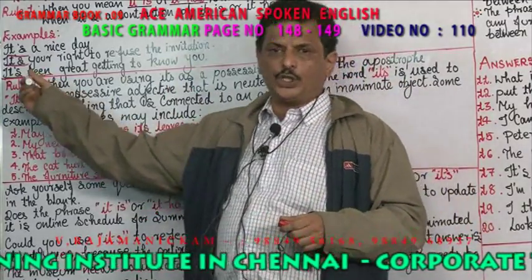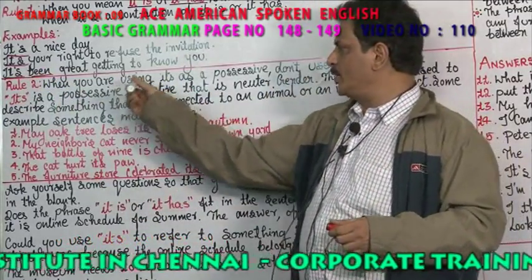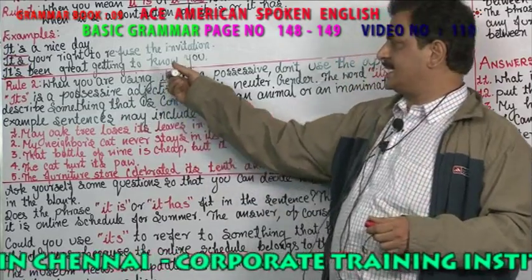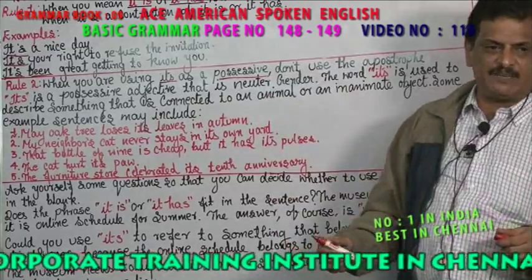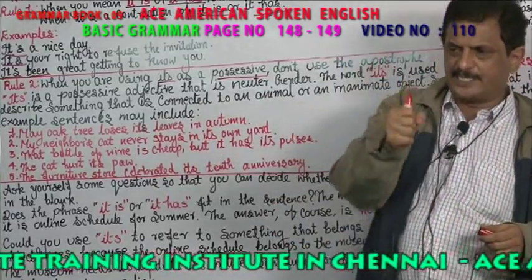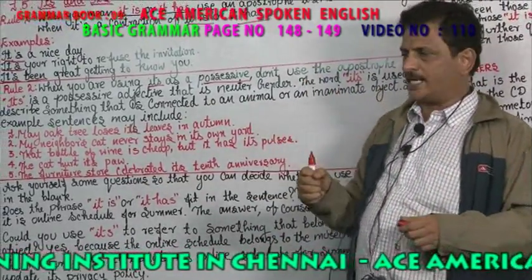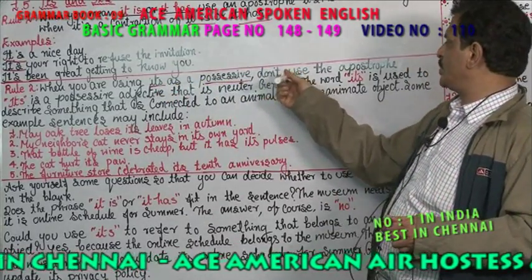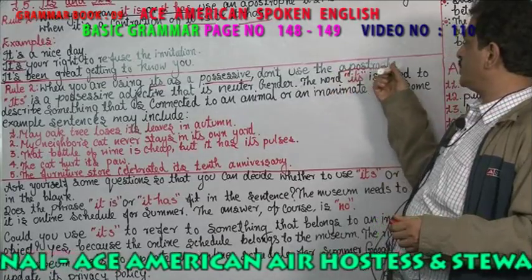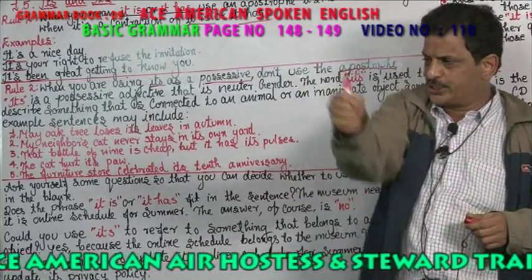So rule number 2, when you are using its without apostrophe as a possessive. What is possessive, sir? You are possessing something. My country, our country, your country, its country, its. Don't use the apostrophe. You are not supposed to use the apostrophe when you are possessing, right?